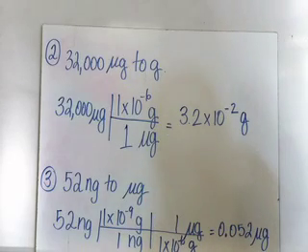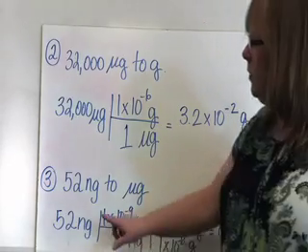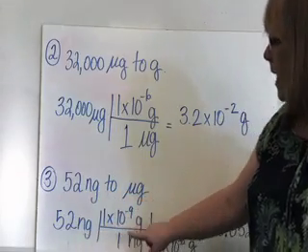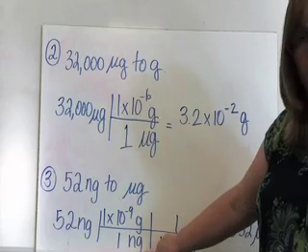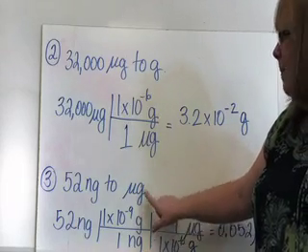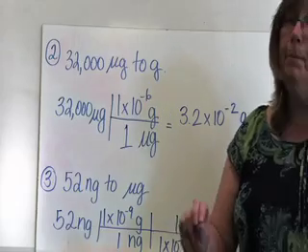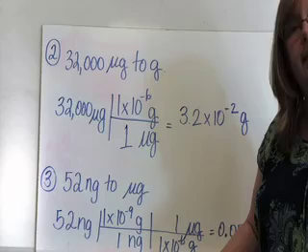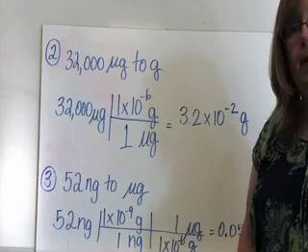So here's what we're going to have to do. We're going to start with what's given, nanograms, just like before. We're going to put nanograms in the denominator so it cancels, but we can't immediately go to that prefix micrograms because we don't know what the equivalence is between nanogram and microgram.